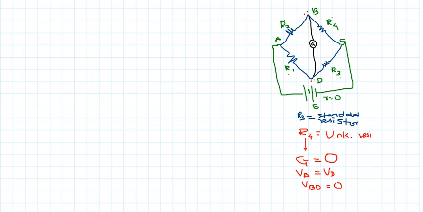This condition we are calling the balanced condition, for which the galvanometer shows us a zero deflection. At this condition only I can find out the unknown resistance R4. Understanding? This is the necessary condition.